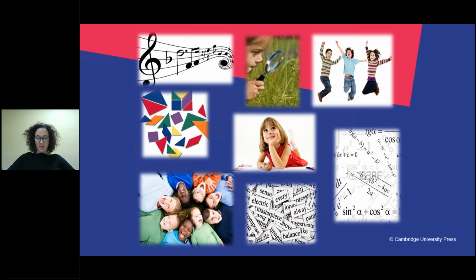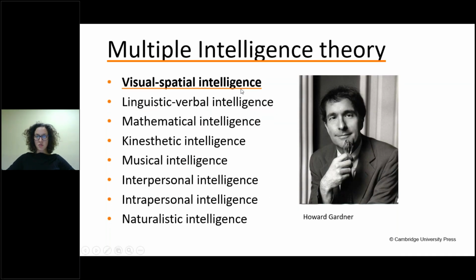Here it is written: visual, spatial, linguistic, verbal, mathematical, kinesthetic or physical, musical, interpersonal, intrapersonal, naturalistic. He also said that there is existential intelligence, but we will not get to this. If you're interested, you can read about it. It's a lot of fun.